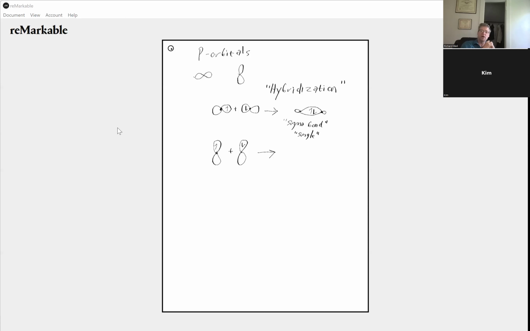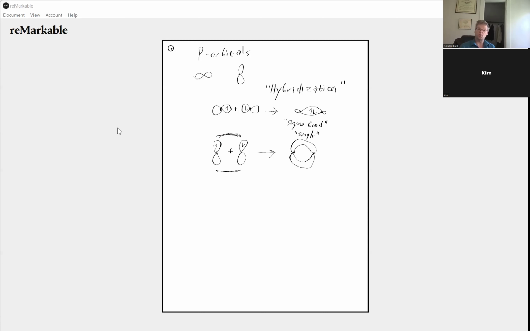So when we overlap these, notice they're going to overlap in two locations. The top lobe is going to overlap and the bottom lobe is going to overlap. And you end up with an orbital that has two components, one on top, one on the bottom. This is a single bond.